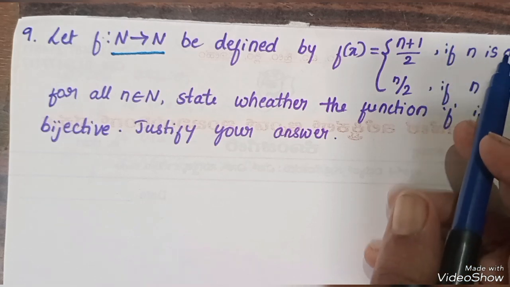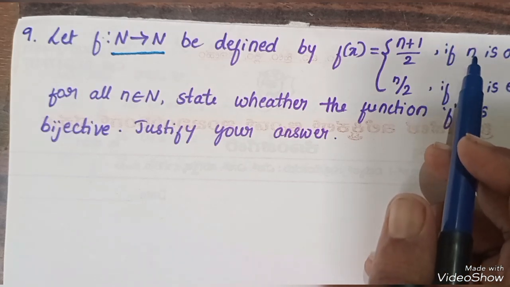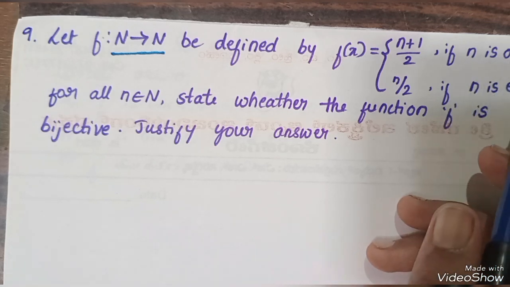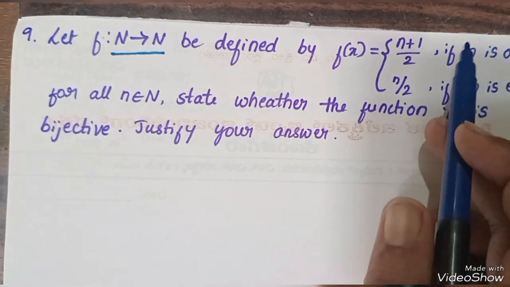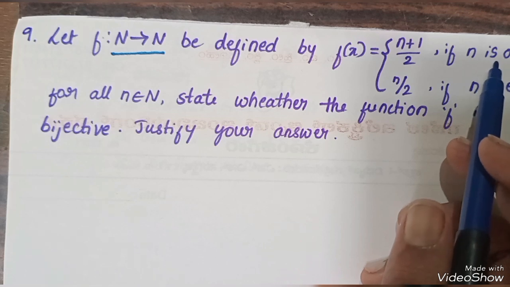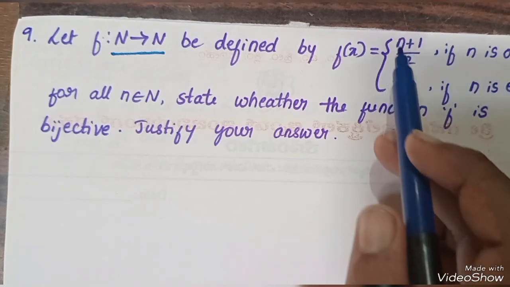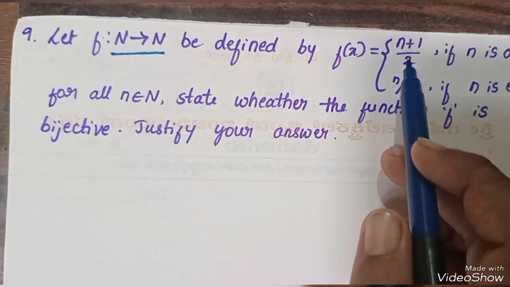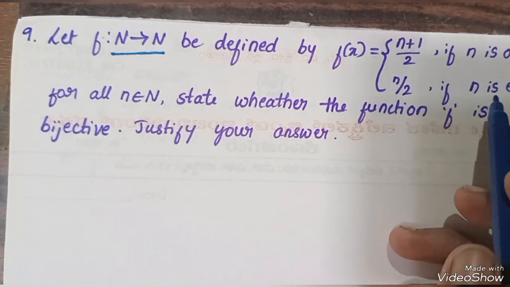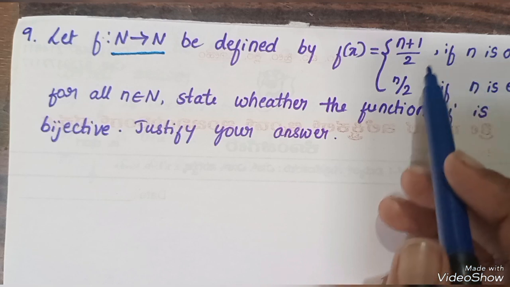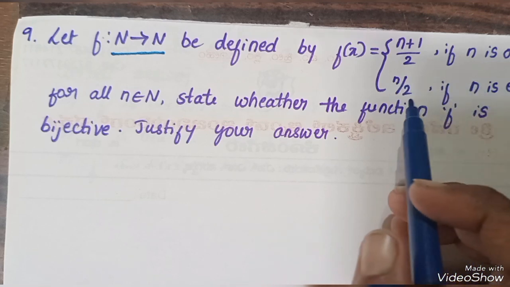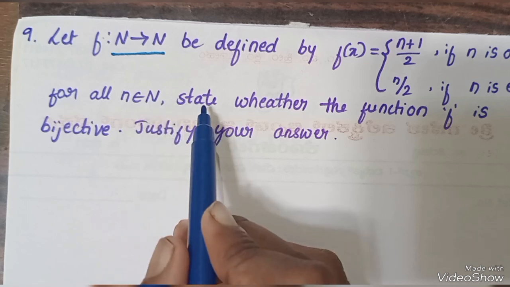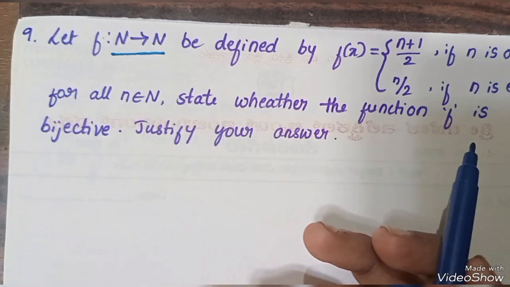Wherever the value of n is an odd number, for example 1, 3, 5, 7 and so on, we replace n here with (n + 1)/2. If n is even, we put the value n/2 here. For all n belonging to natural numbers, state whether the function f is bijective.